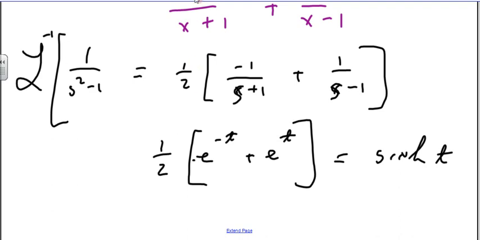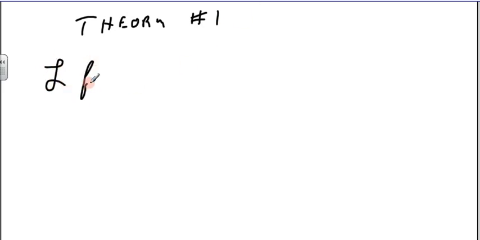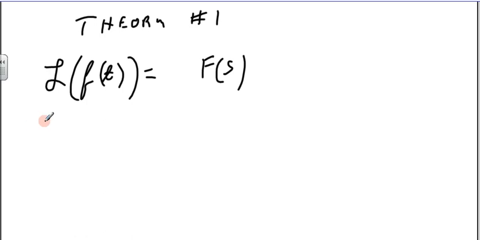Okay, so we look at theorem number 1. And I forget what page it's on, and we look at the Laplace transform of f of t. And we say, well, gee, that's just F of s. Okay, well, that's fine. And then we look at the Laplace transform of the first derivative.